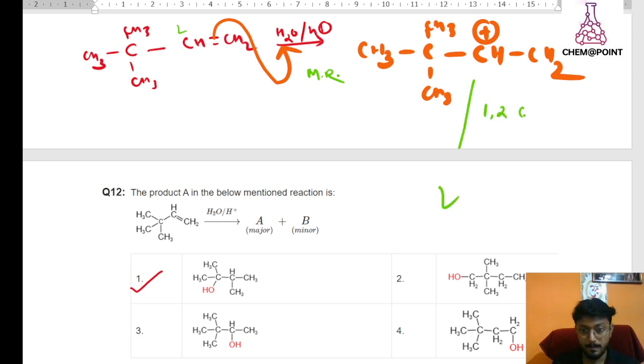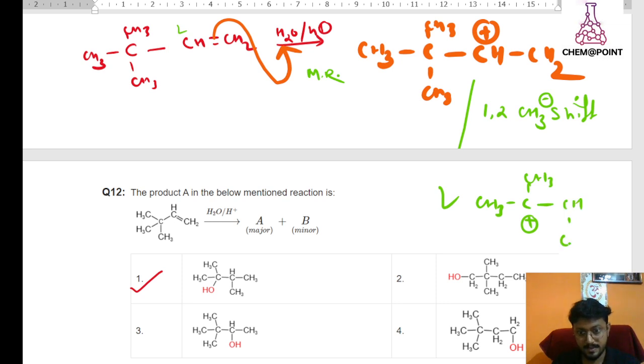That is called a 1,2 methyl shift. Then CH3, C positive, CH3, CH, CH3, CH3.